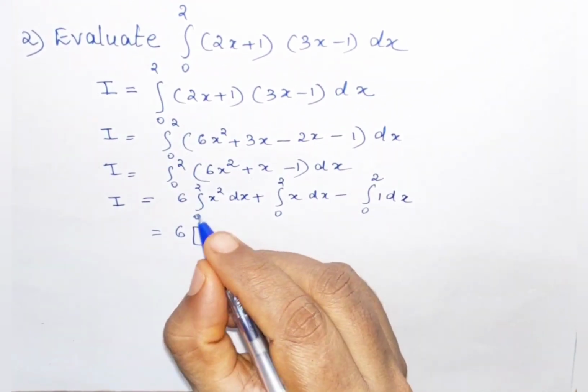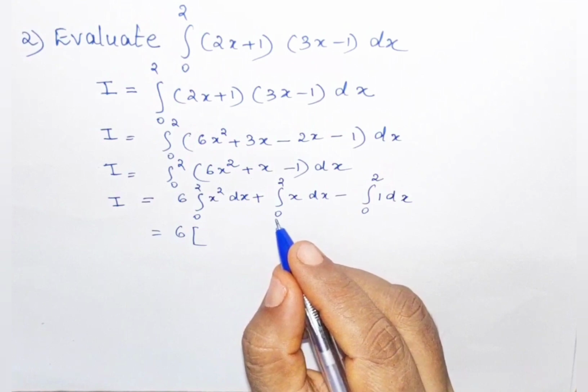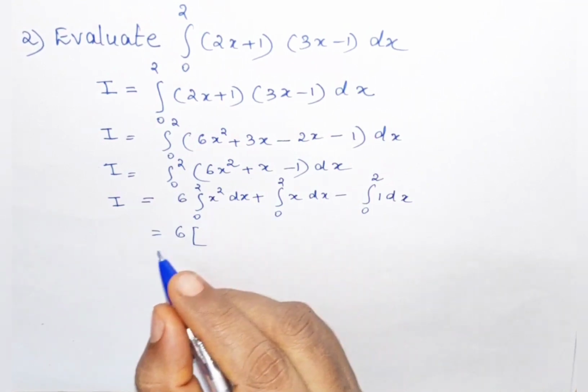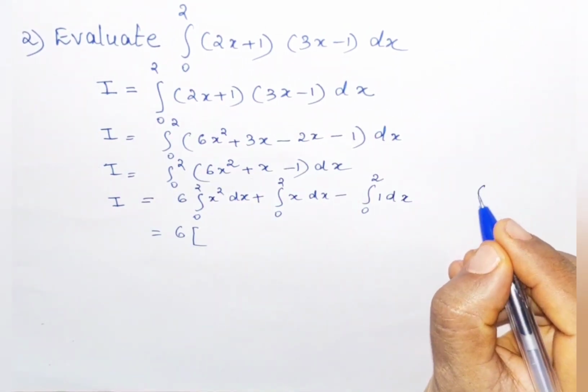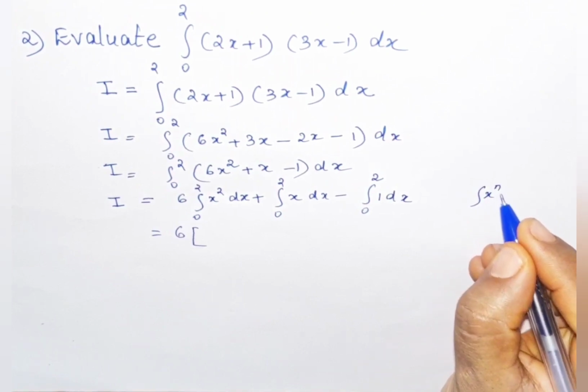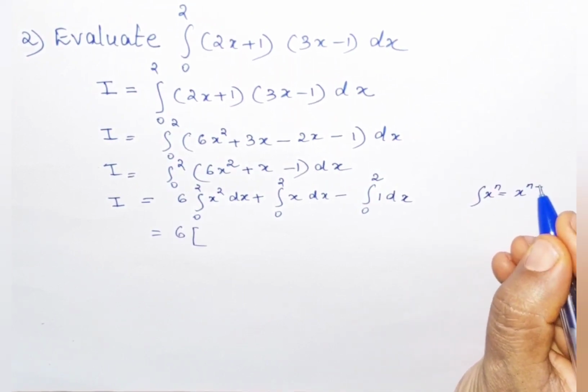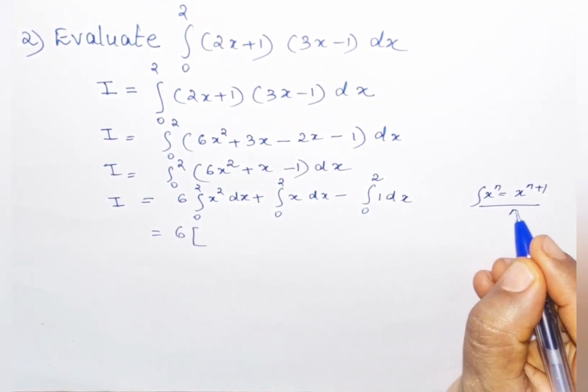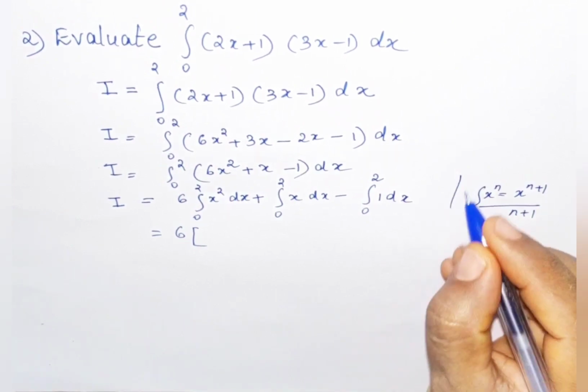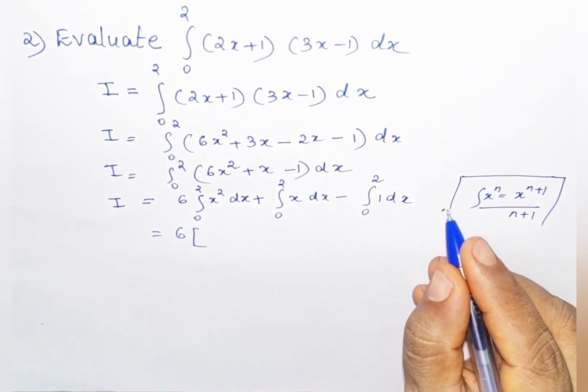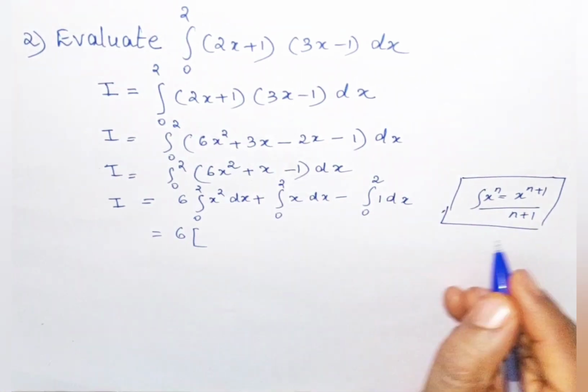Now this becomes 6 into, we already know x square is of the form x to the power of n, that is integral x to the power of n will be equal to x to the power n plus 1 divided by n plus 1. So we can substitute this formula in the place of integral x square.